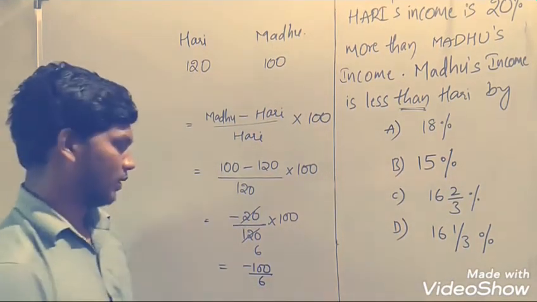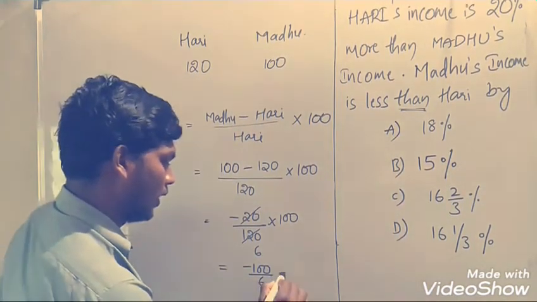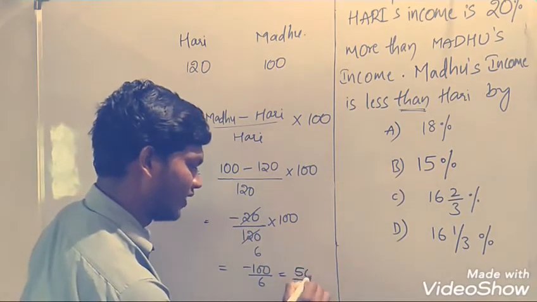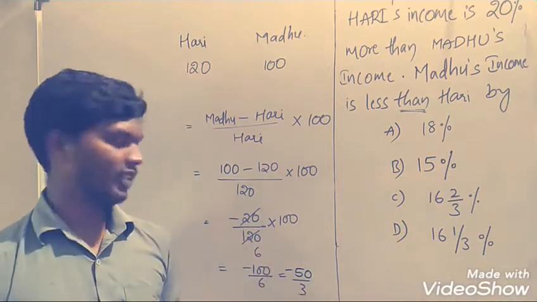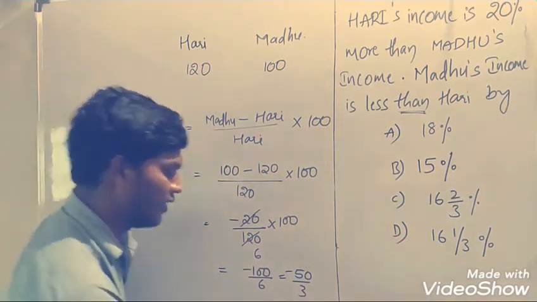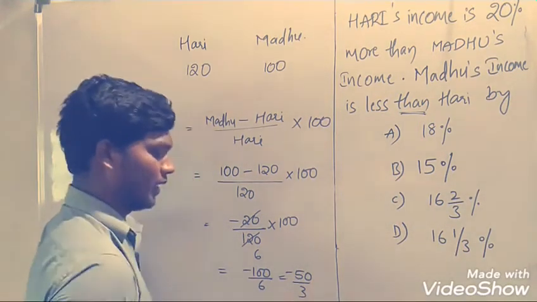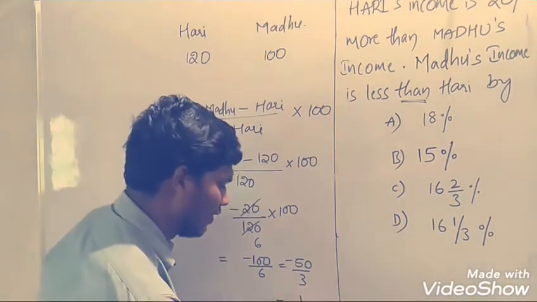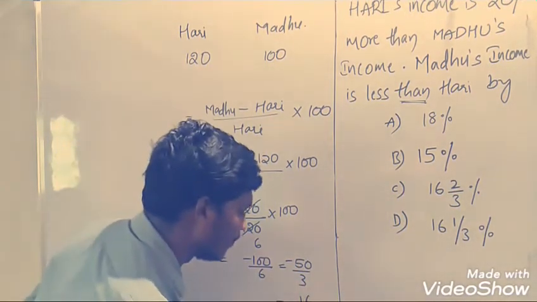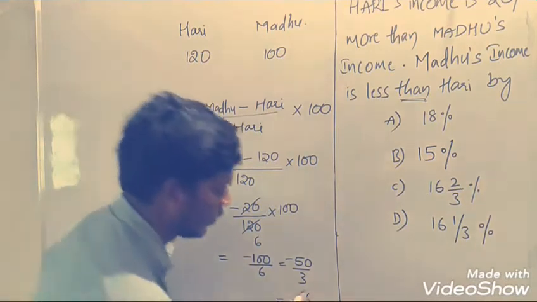I think 2 threes are 6 and 2 fifties are 100, right friends? So after division, 50 by 3: 3 sixteens are 48, or 3 ones are 3 and we have 20, and 3 sixes are 18, so the remainder will be 2.